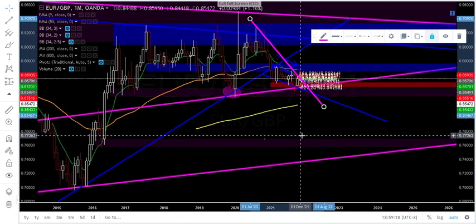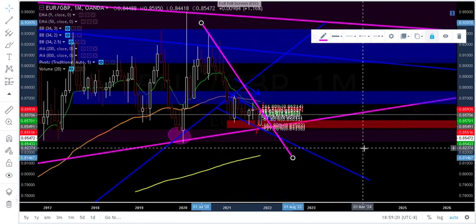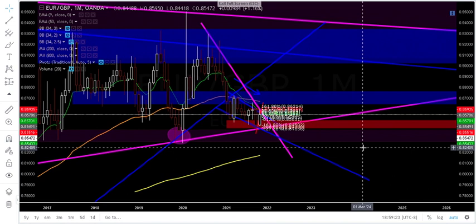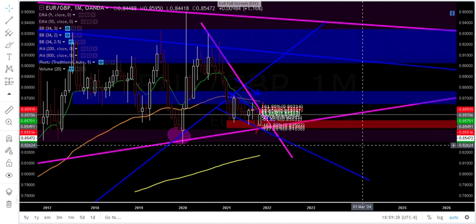Okay, so the 50 is over the 9. That's downtrend. The 50 is over the 9. The 50 is over the 200, confirmed downtrend.